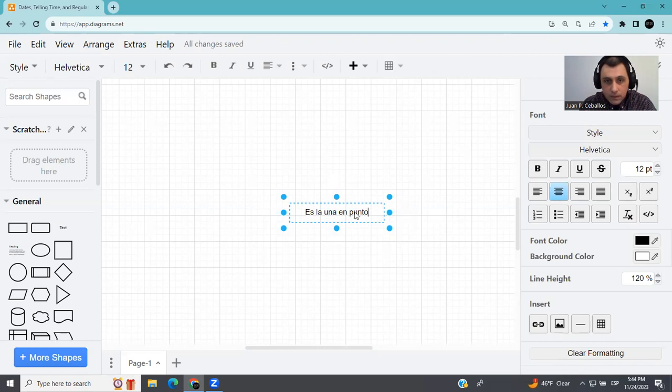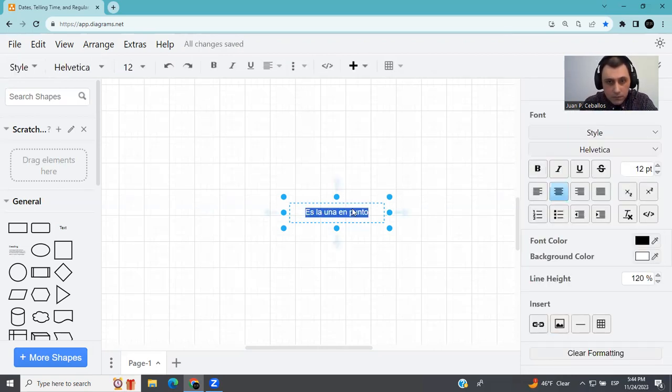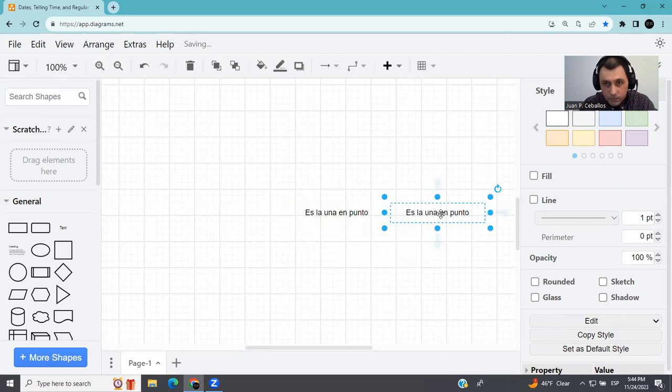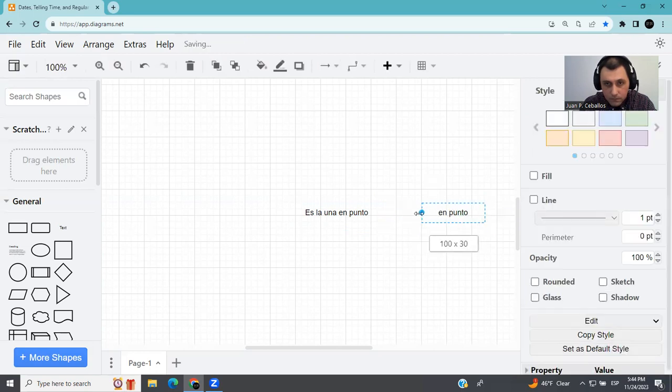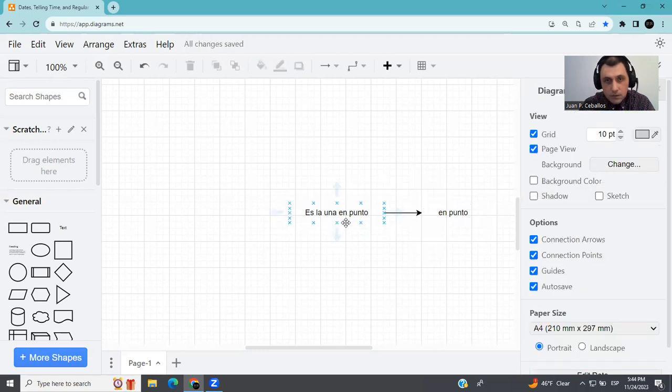So o'clock is the same as saying en punto. So remember, it is 1 o'clock.